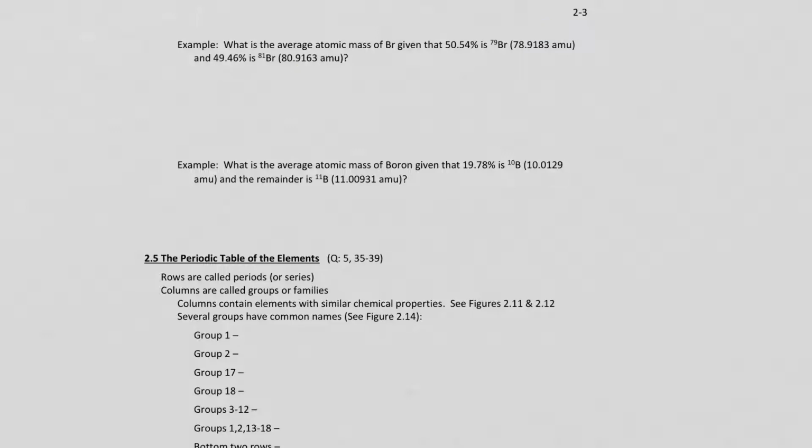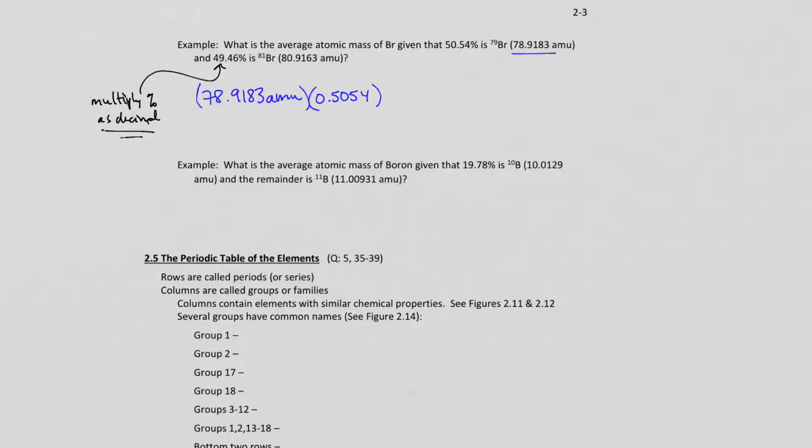Now remember, when we multiply percents, we multiply the percent as a decimal. So we can start with the first number, 78.9183 AMU times 50.54%, or 0.5054.